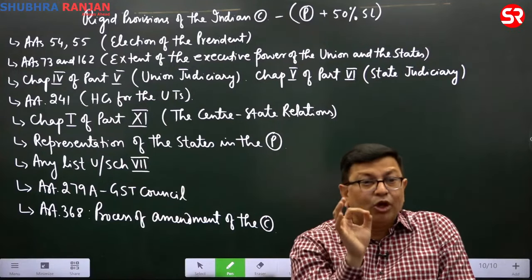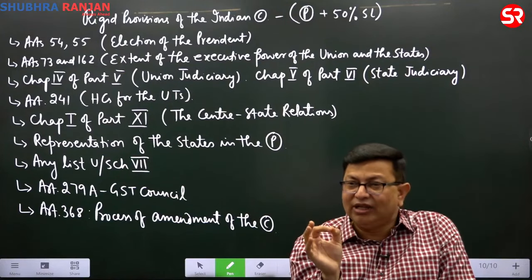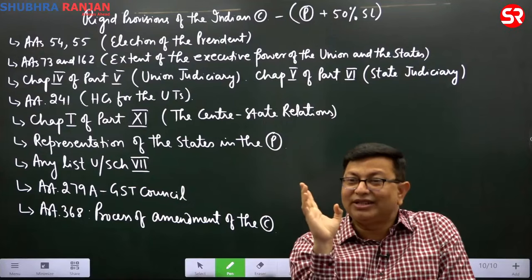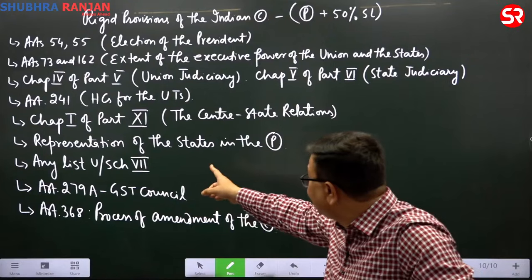Logic here: to safeguard the independence and impartiality of the judiciary. And for the next points also, the logic will be the same.